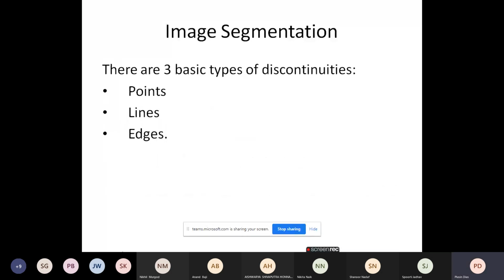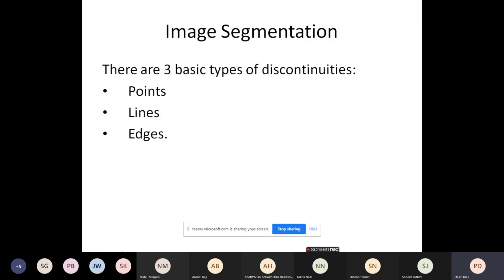So let us see now what are the three basic types of discontinuity. I'm just coming back to those two terms that we started the discussion of image segmentation with. We had seen there are two basic categories which deal with the properties of intensity values. One is discontinuity and the second one is similarity.